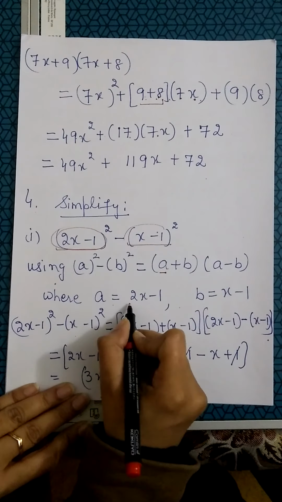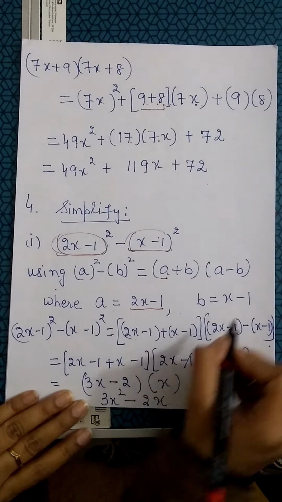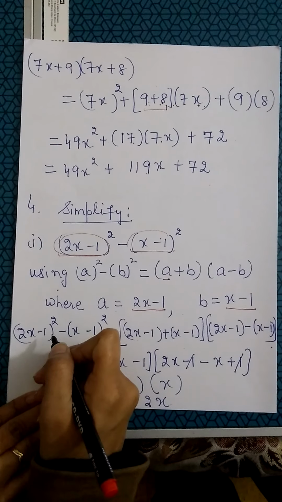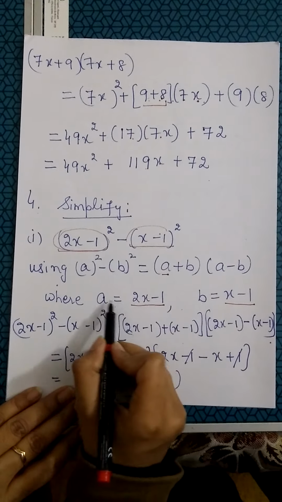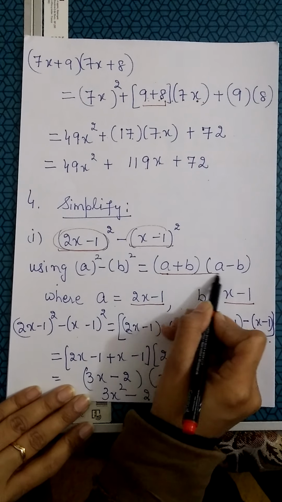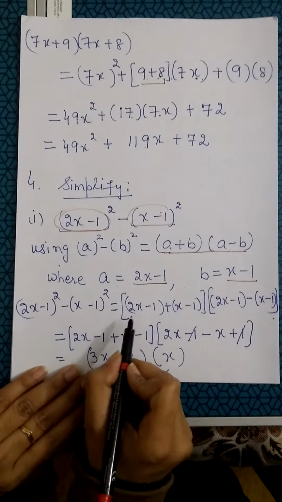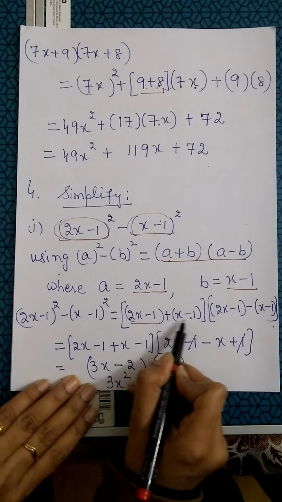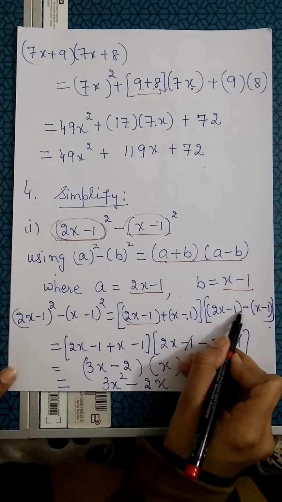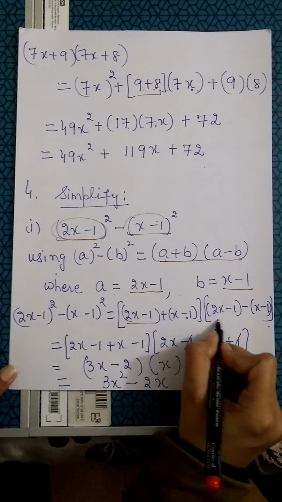Here a is 2x minus 1 and b is x minus 1. In the next step, we simply substitute the values of a and b in the given identity. That is a plus b, that is 2x minus 1 plus x minus 1, and here 2x minus 1 minus (x minus 1).